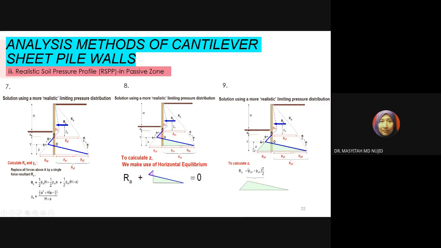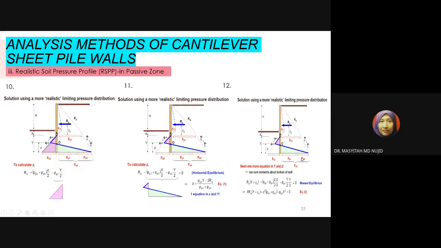It's like a triangle. So Z over 2 times PP2 plus PP1 plus PP2. Then minus the small purple shaded area here, and solve equation 1 in Z and Y.